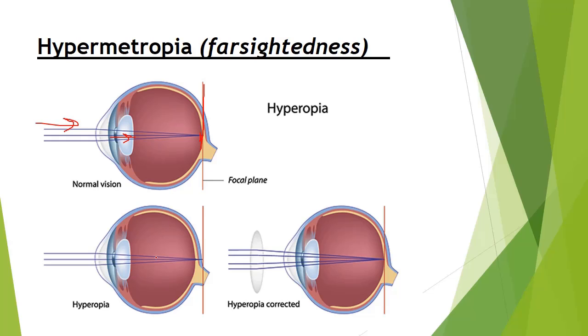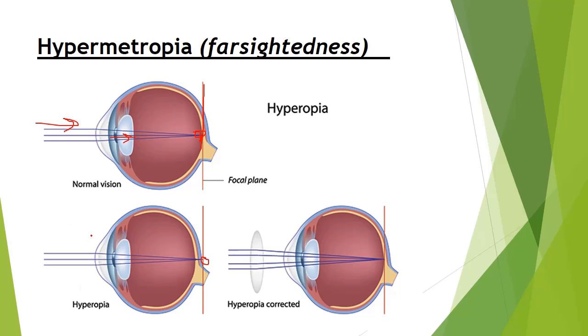Whereas for the person who has hypermetropia, the image should form here, but because of this deformity, the image will form far from the retina. So the person can see far objects clearly but cannot see nearby objects clearly.